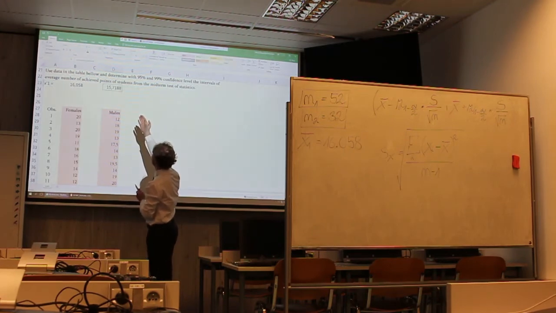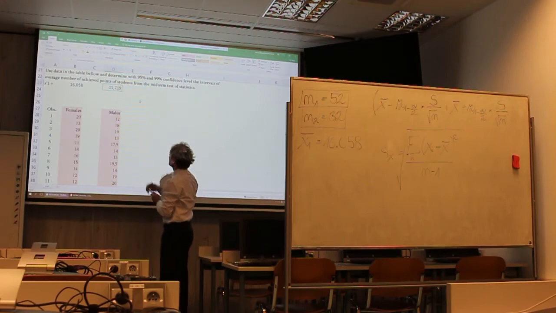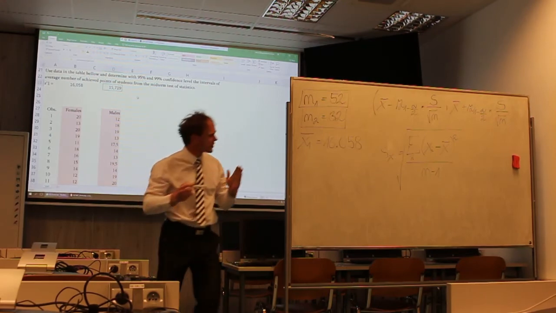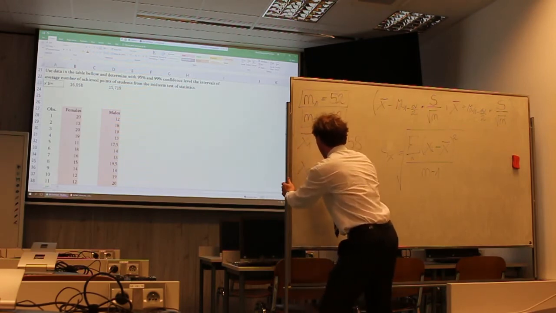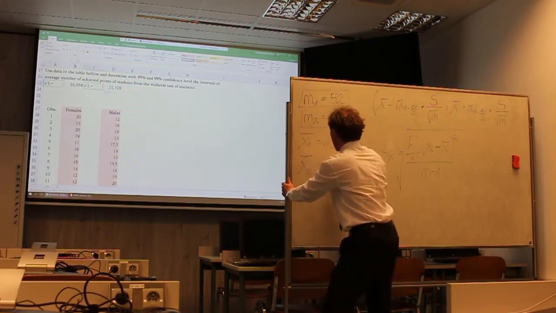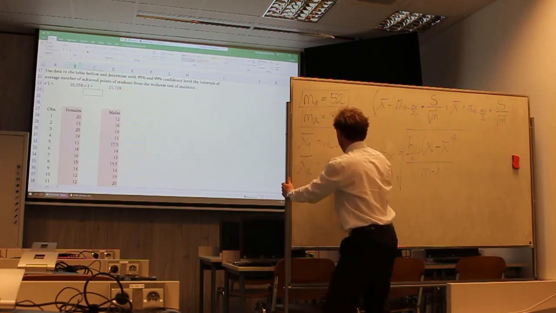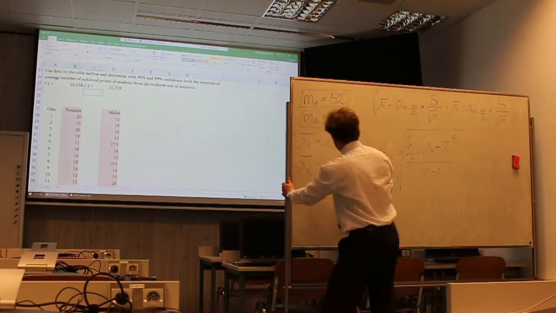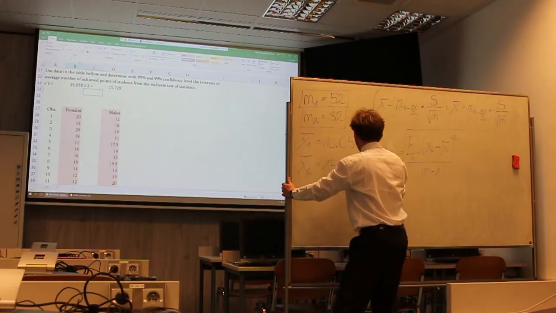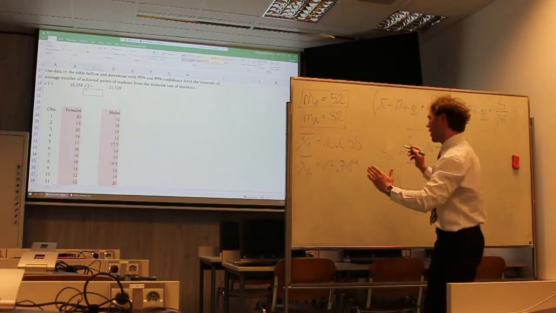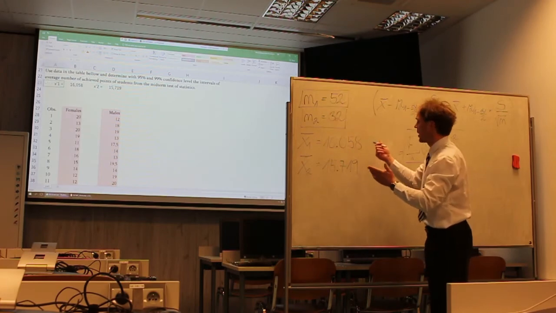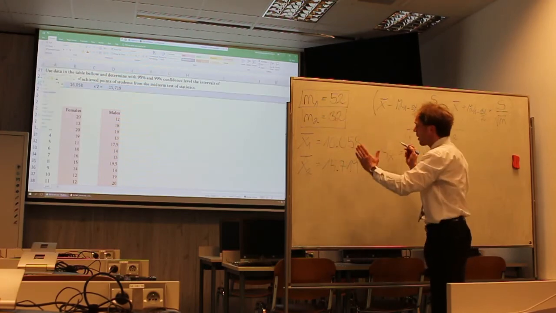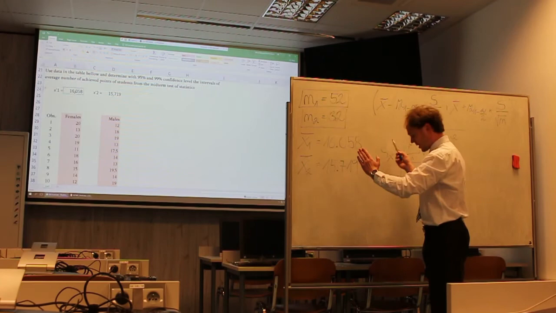It is 15.719. So this will be x2 with stripe equal to 15.719. You can see that females have a little bit higher sample mean.